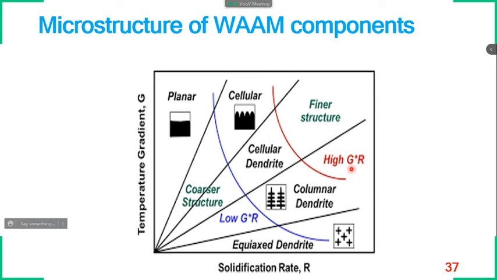For example, if my torch traveling speed is 20 centimeter per second, then I will keep my R as 20 centimeter per second. That is the solidification rate, because it is a transient heat source. Once my torch moves from one end to the other, the metal gets solidified. That is how we calculate it in a welding operation. So these points I made clear: the most expected grain structure is columnar dendrite and equiaxed structure, and why, I have clearly explained.